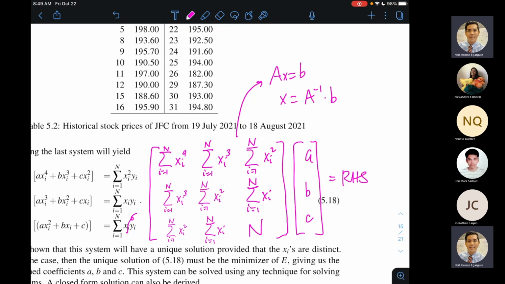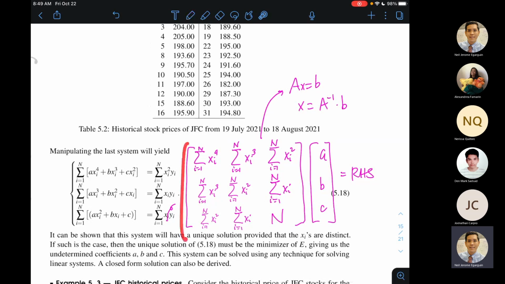Dapat may inverse si A. But actually, a sufficient condition to guarantee that A will have an inverse is that the xi's are all distinct. Katulad na naging additional assumption natin with the linear least squares fit. Because again, this matrix system will have a unique solution if and only if its determinant is not equal to 0.